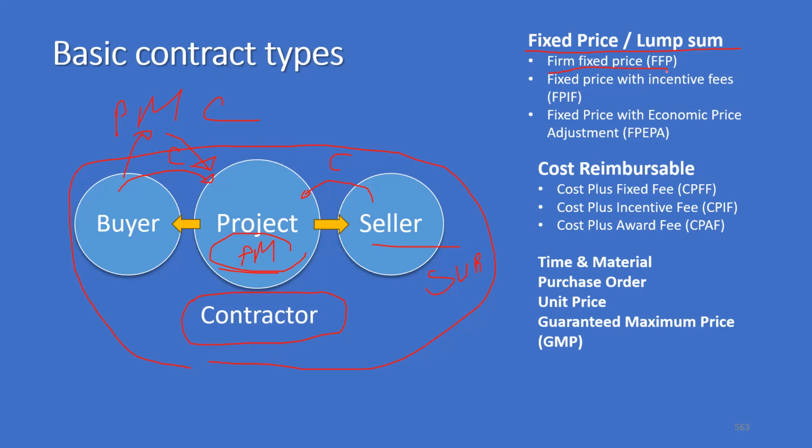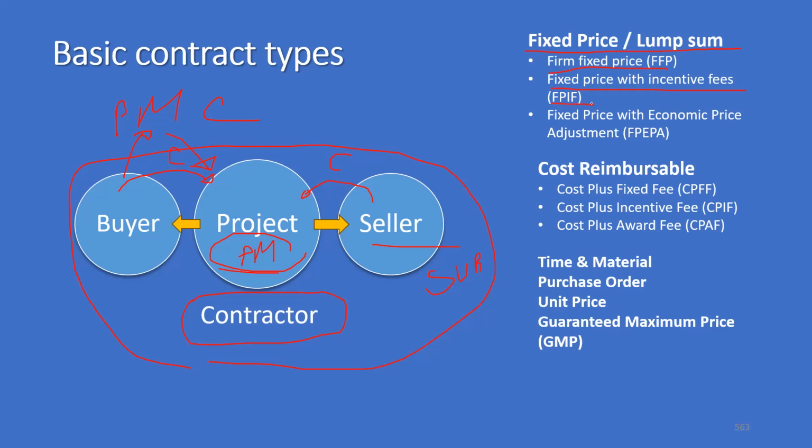You submit a proposal for X dollars or X rupees, and if you complete the work for less than X rupees, you make a profit. But if the actual cost goes beyond X rupees, then you make a loss. That is firm fixed price. Then we have fixed price with incentives, that is FPIF.